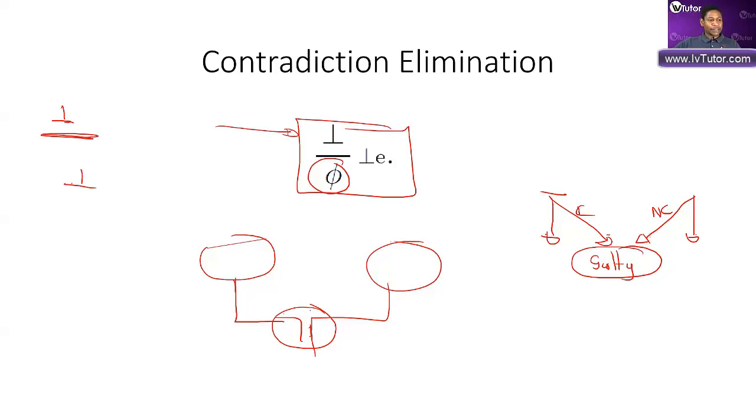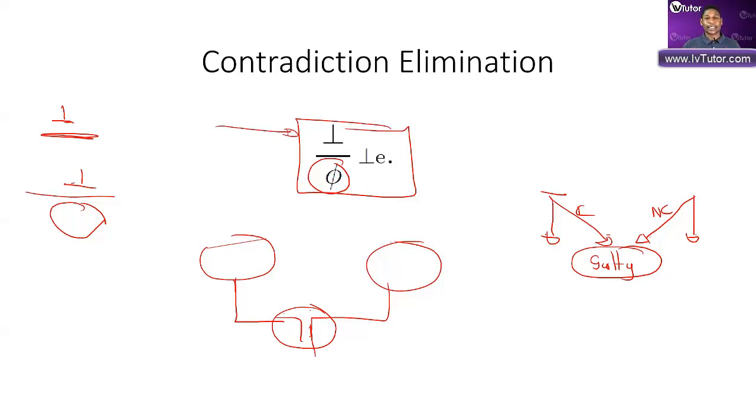If I have derived a contradiction, then I can prove that this is true. There's no one who can say it's not true, because there exists a contradiction in the context of the argument. That is one of the most powerful laws out there.